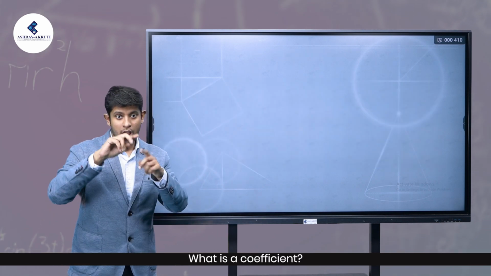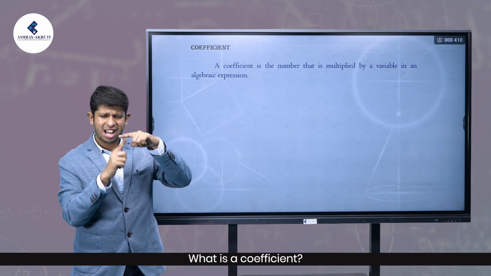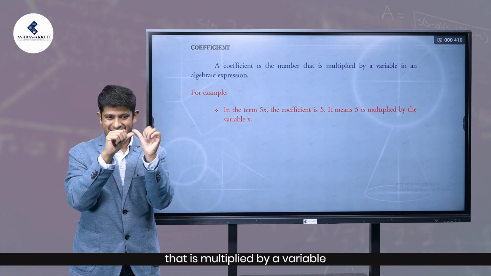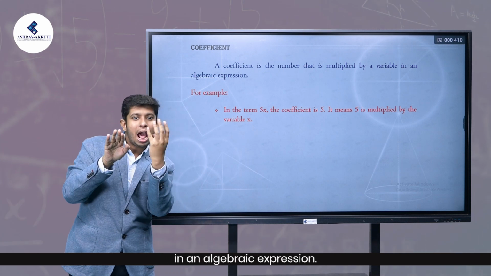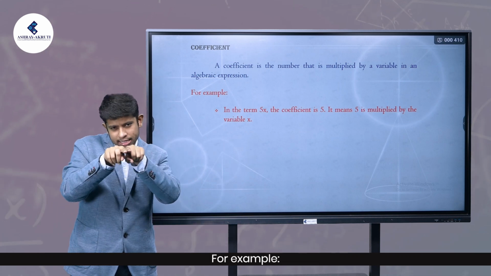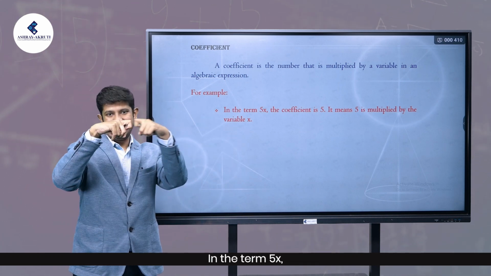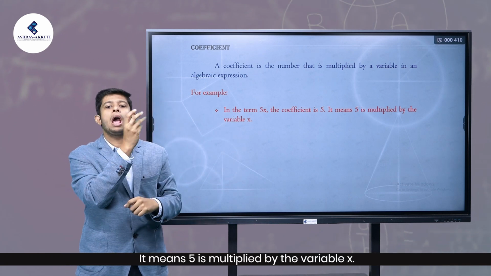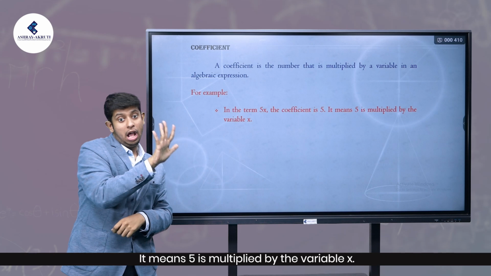What is a coefficient? A coefficient is the number that is multiplied by a variable in an algebraic expression. For example, in the term 5x, the coefficient is 5. It means 5 is multiplied by the variable x.